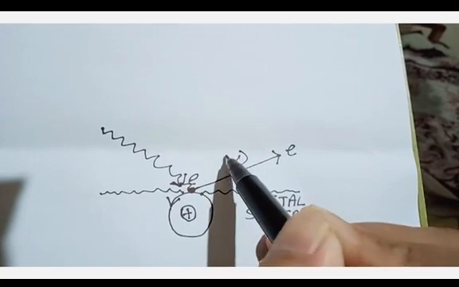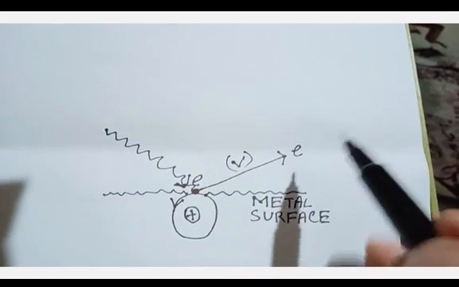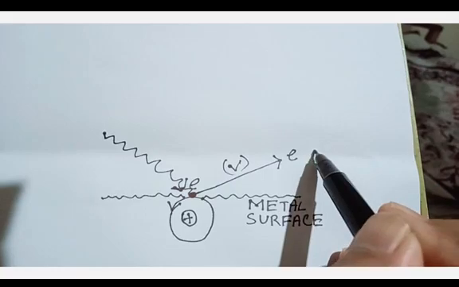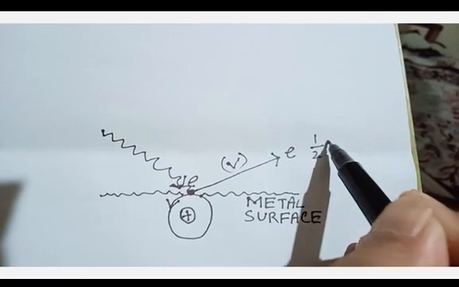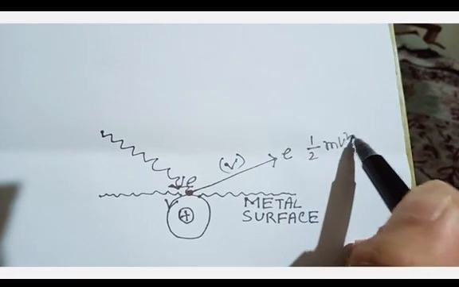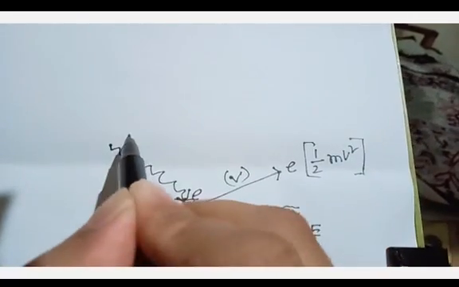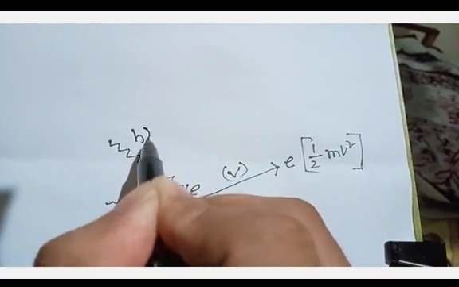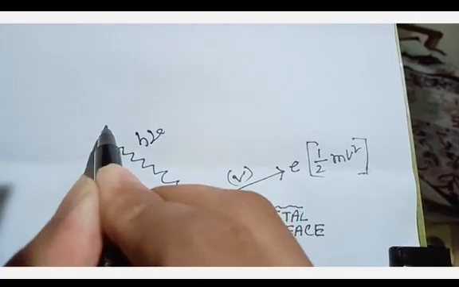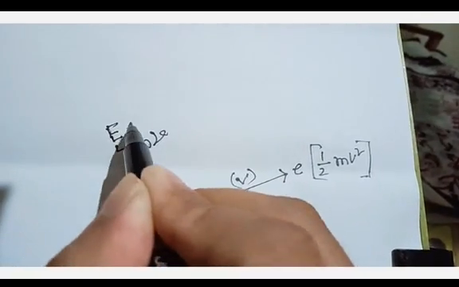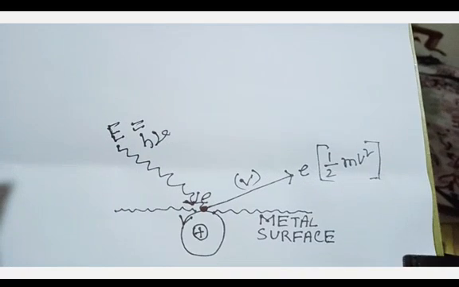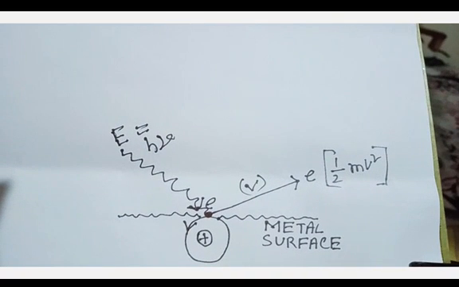Now, we know that the kinetic energy of this electron is half m v square. And of course, there is the energy of the light that falls upon the surface, that is, E is equal to h nu. Here h nu is the energy of the photons that fall upon the metal surface.